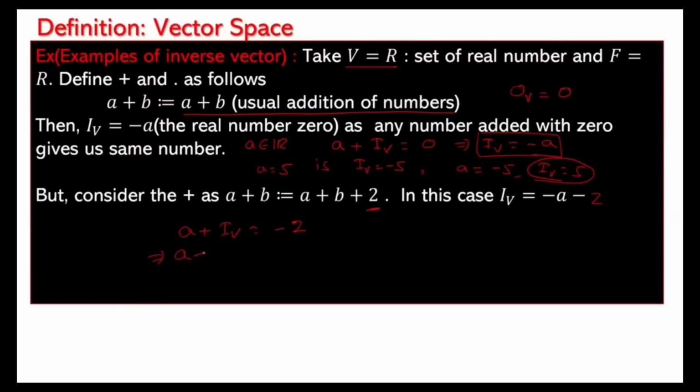So this implies a plus iv plus 2 is equal to minus 2. So this will give you iv is equal to minus a minus 4. So iv is equal to minus a minus 4.